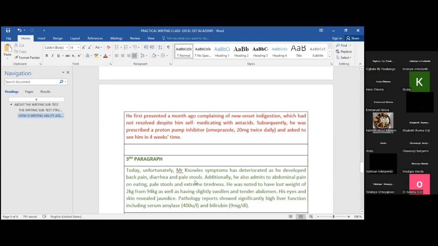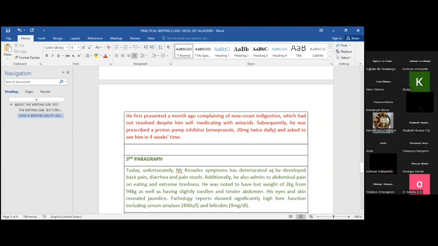Now listen. Remember that in the case notes, they gave us a gamut of new symptoms that he presented with today: back pain, diarrhea, pale stool, abdominal pain, and fatigue. Pale stool appears twice here, so it's supposed to be removed. Now, look at the way I wrote this. It is not nice that in OET writing you just put all the symptoms with commas.